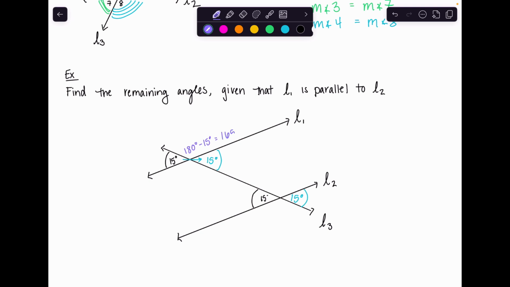So that tells me this angle here must be 165, which again immediately tells me the angle across from that is also 165. And then over here, same thing. Because of my corresponding angles or the fact that these are supplementary at the bottom, these also must both be 165 degrees. Okay. So this gives us a start for everything.